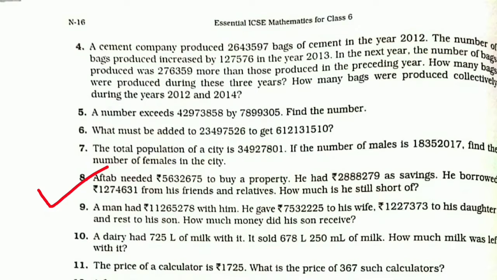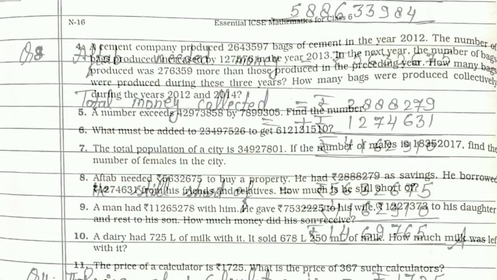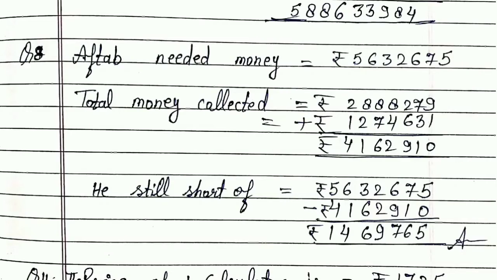So for finding the total money he is having, we just add the total money he is having as saving and the amount he borrowed from his friends and relatives. For solving this, you can see the answer here. Total money Aftab needed is 56,32,675. He collected total money 28,88,279 and 12,74,631.